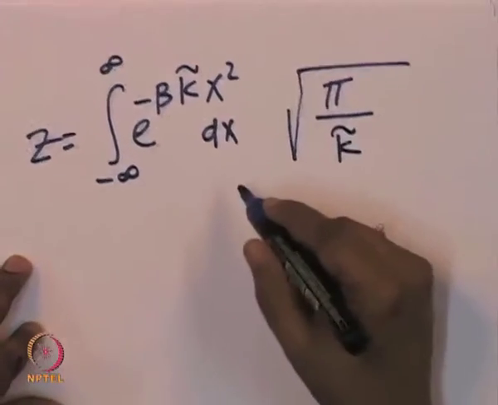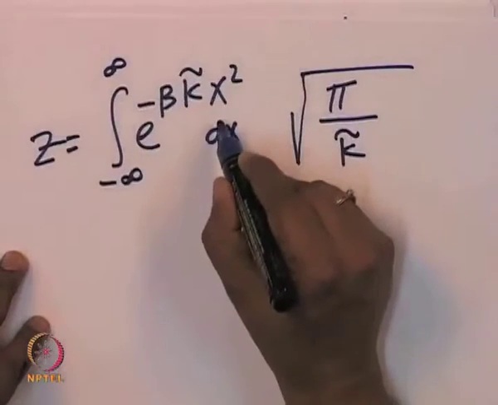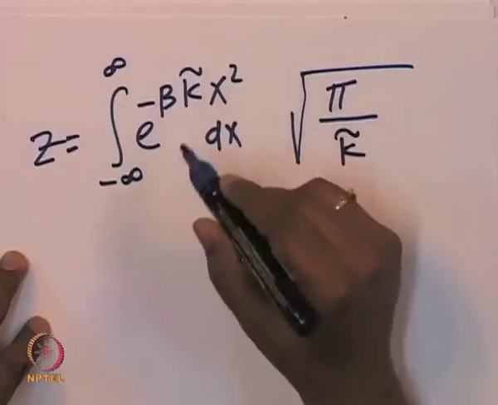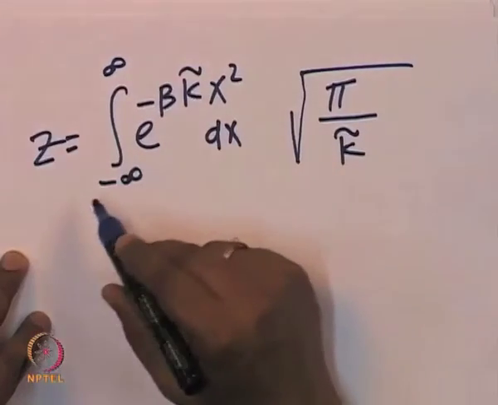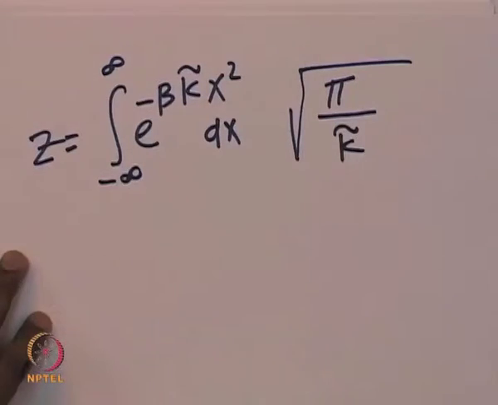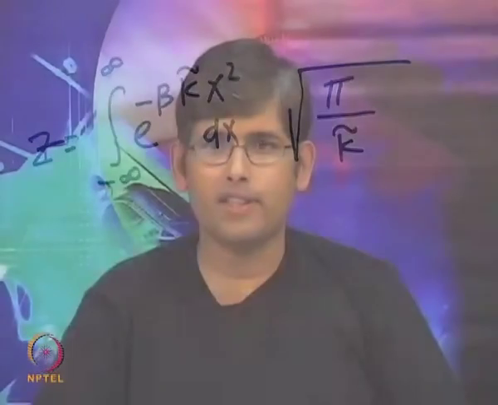This is called a Gaussian function, which looks like a normal distribution, something we discussed. So, this is basically the answer.